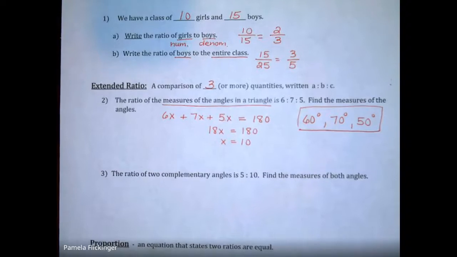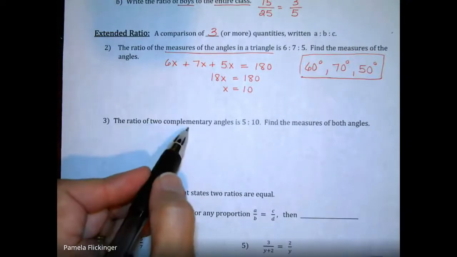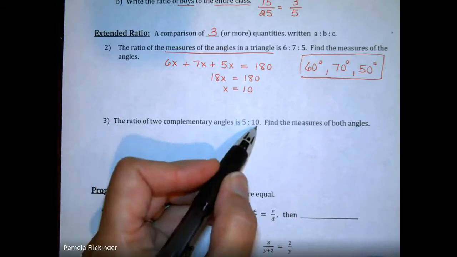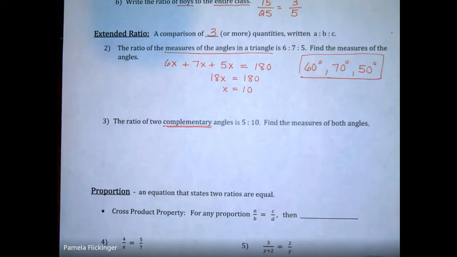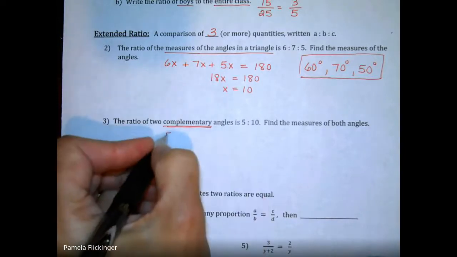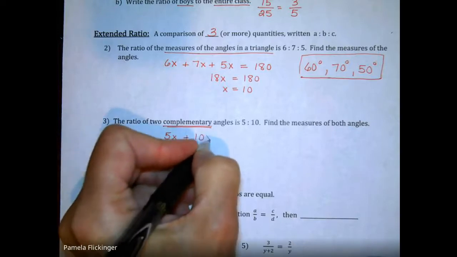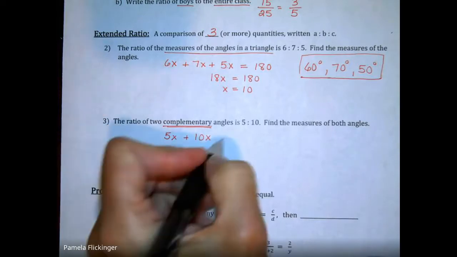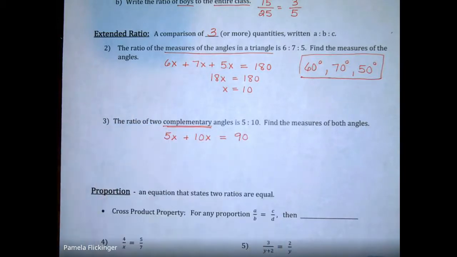Number 3 says the ratio of 2 complementary angles is 5 to 10. What do we know about complementary? We know they equal 90. So again, we put a variable behind each. 5x plus 10x are complementary, so this time they equal 90.